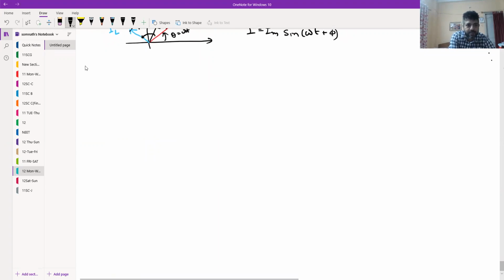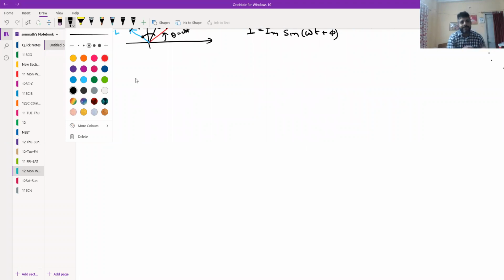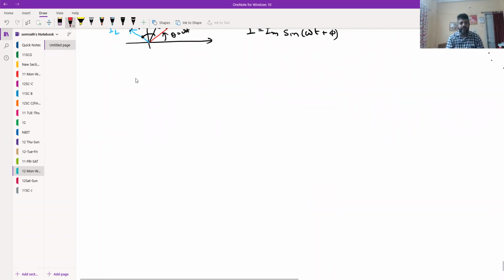They ask you a very simple type of question, like: when an inductor L and a resistor R in series are connected across a 12 volt 50 hertz supply, a current of half ampere flows in the circuit.